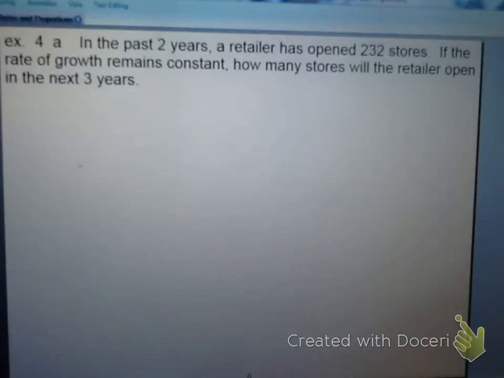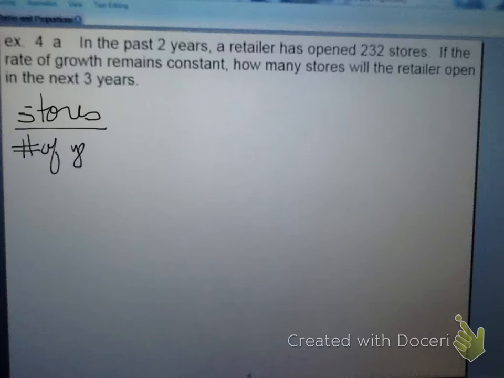Example 4a. In the past 2 years, a retailer has opened 232 stores. If the rate of growth remains constant, how many stores will the retailer open in the next 3 years? Okay, we can set this up in a proportion. Your little formula for your ratio is going to be the retail stores over the number of years.